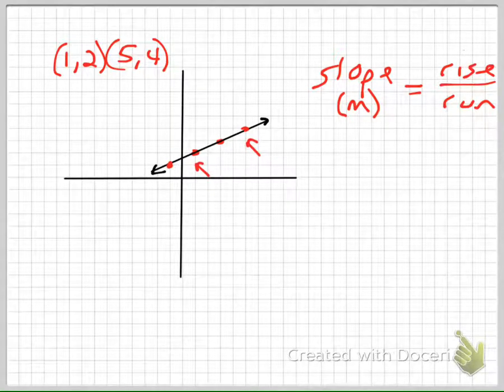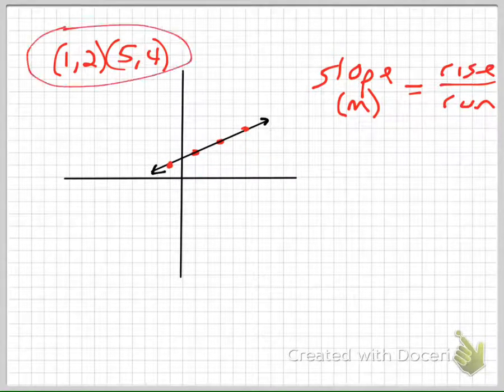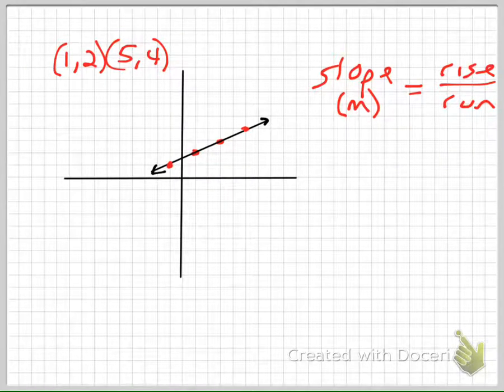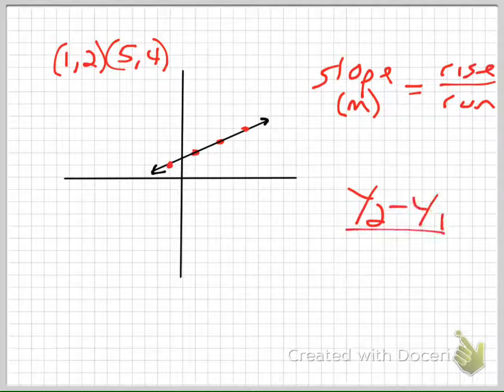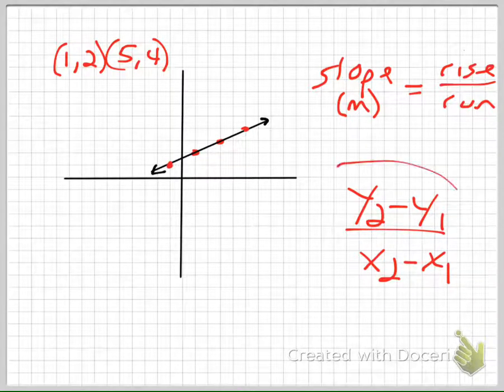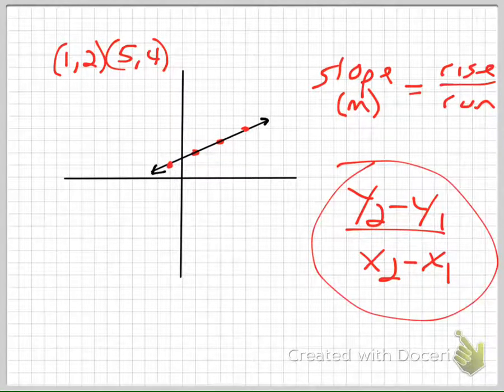Does that make sense? But if I gave you these 2 points, here's what you do. Another way of figuring out the slope of a line is to use the slope formula. The slope formula is y2 minus y1 over x2 minus x1. You have to memorize that. I'm not giving that to you on your test. You have to memorize this: y2 minus y1 over x2 minus x1.